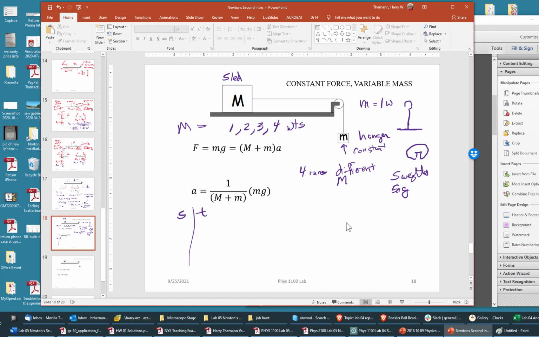So then, for each run, we write down little m. Don't forget there's a mass of the hanger. So in this case, little m is always going to be 1 weight plus mass of the hanger. We don't know these numbers at the moment.